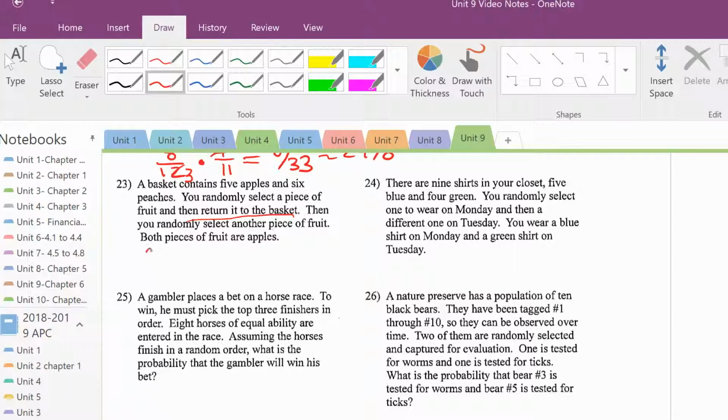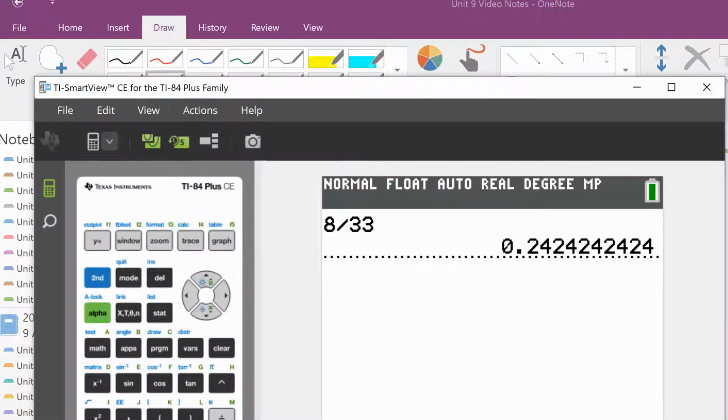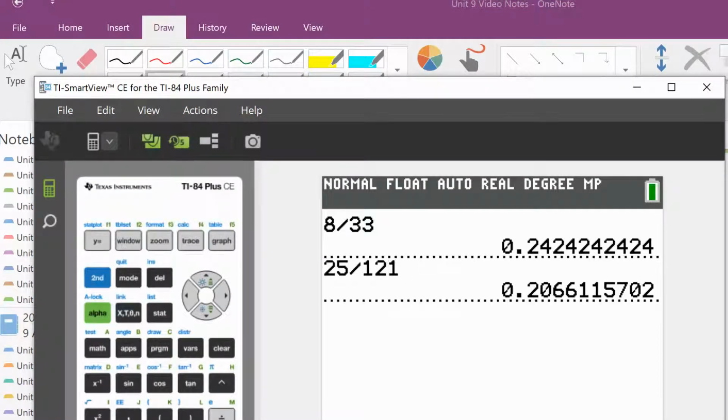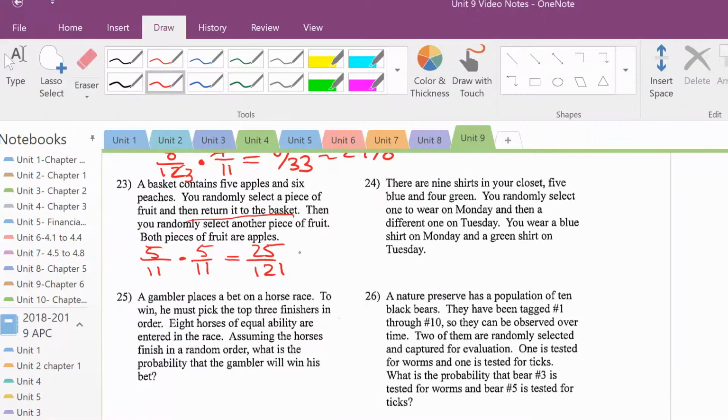So you have 5 apples and 11 total pieces of fruit. And then you're going to choose again after you put the apple back. So once again, it's a 5 out of 11 chance. So it's 25 out of 121, which is a 21% chance, approximately.